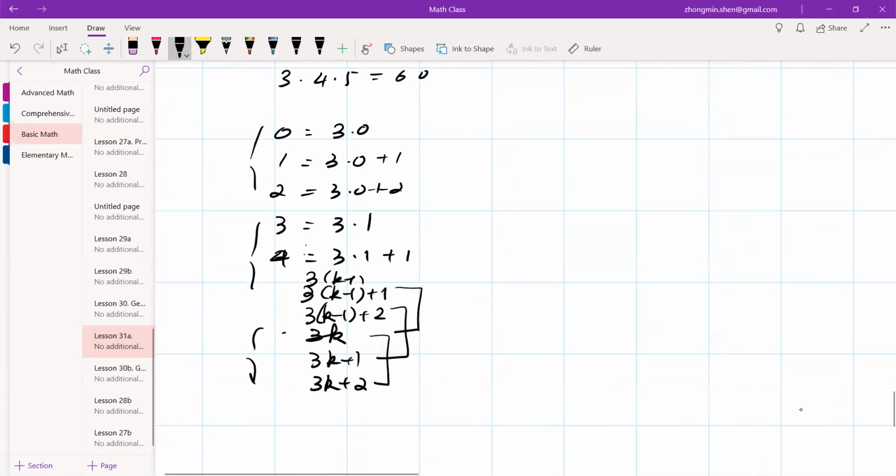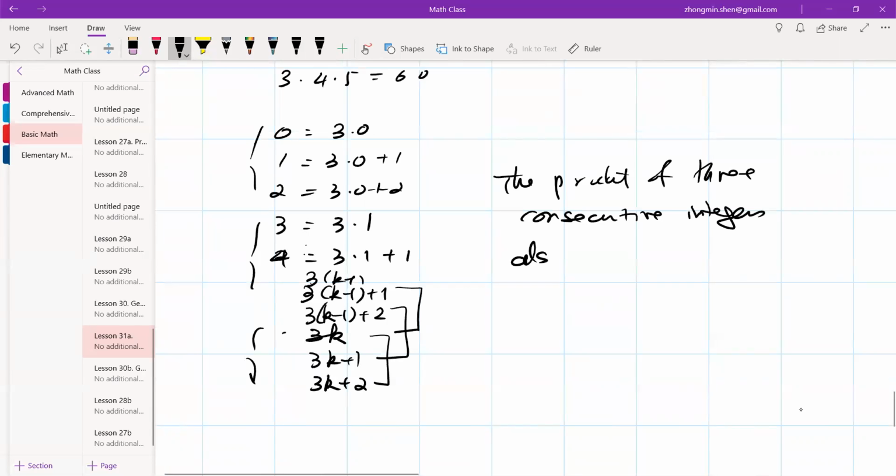No matter which 3 you pick, it always contains a factor of 3. So the product of 3 consecutive integers always contains a factor of 3.